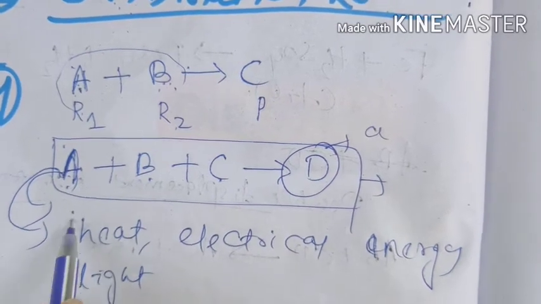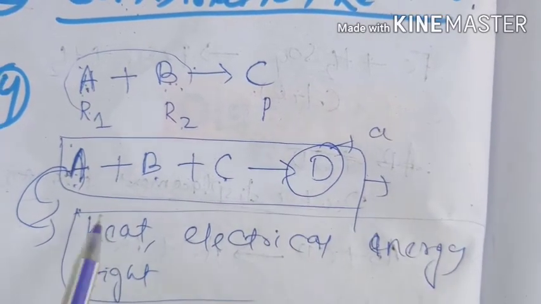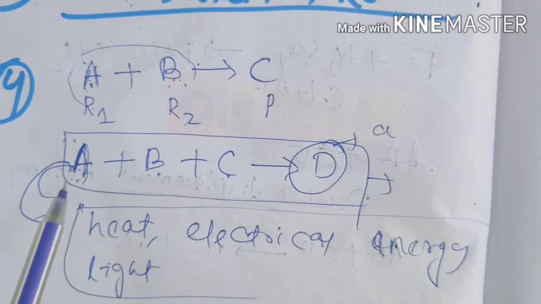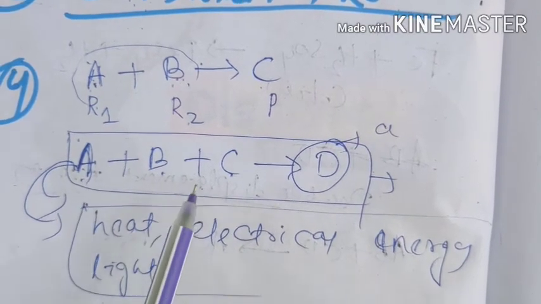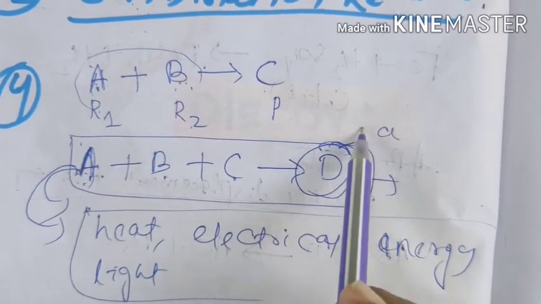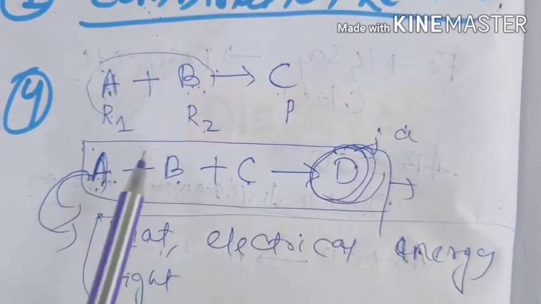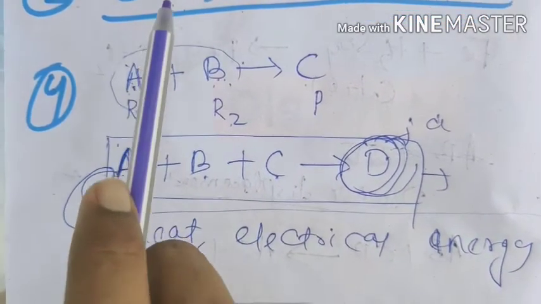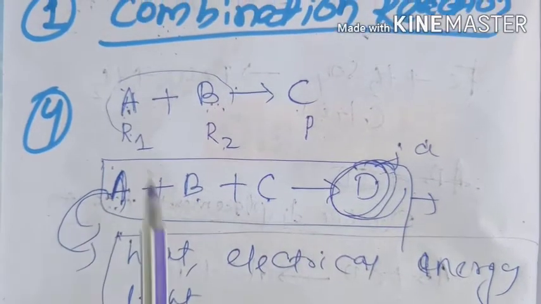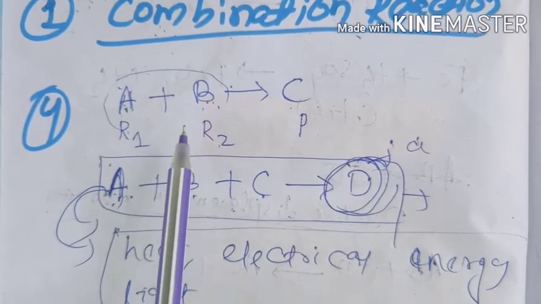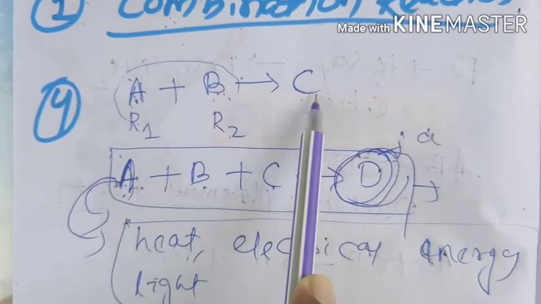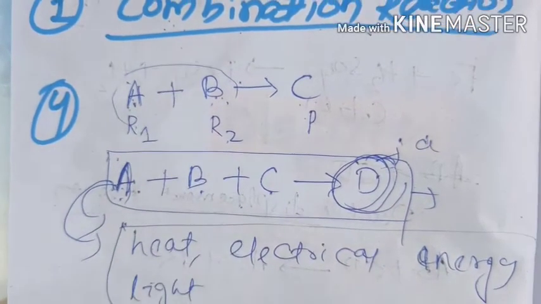Due to these different factors, the reactants break their bonds, and in the product a new bond and a new chemical compound are formed. So it is called a combination reaction. This process is defined as when two or more reactants are involved to produce a single product.